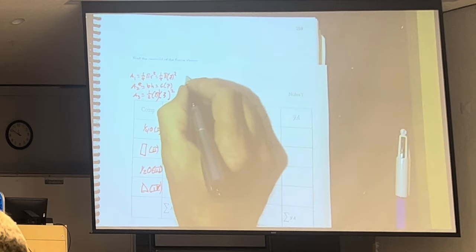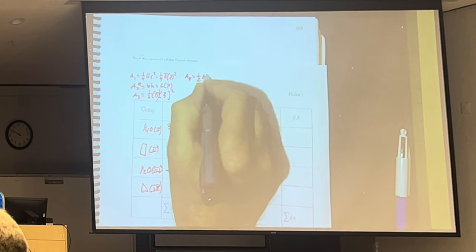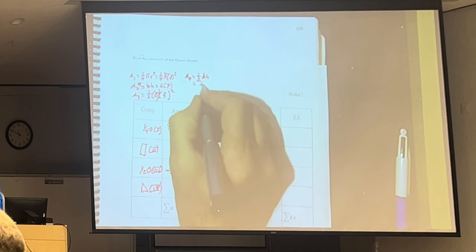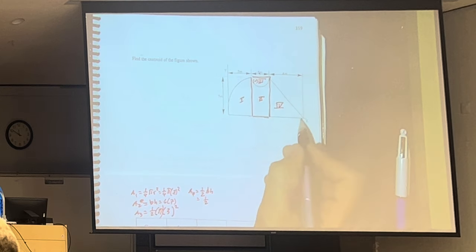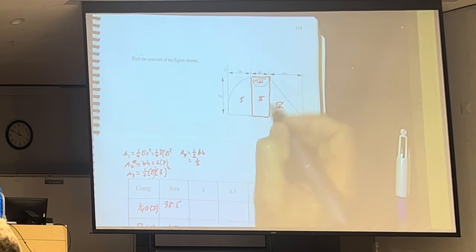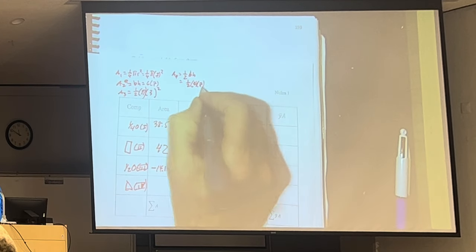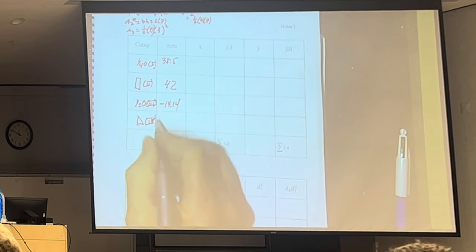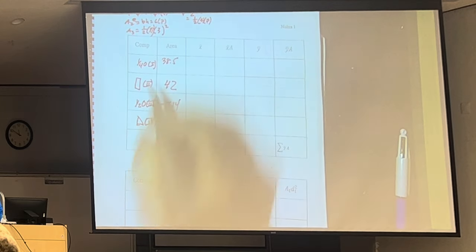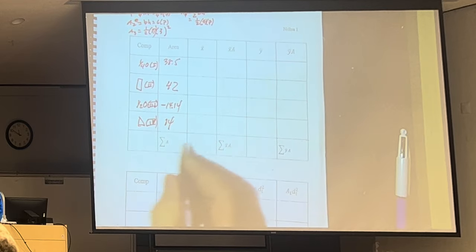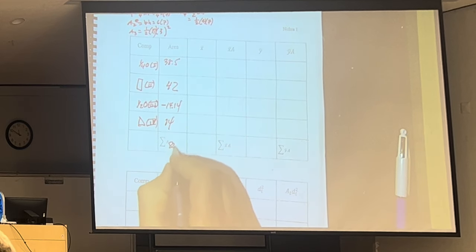And the triangle, area 4, 1/2 base times height. That's going to be 1/2 times the base. The base is this, which is 4. The height is 7. That's going to be 14. Sum this column up. That gives me the denominator, 80.36.